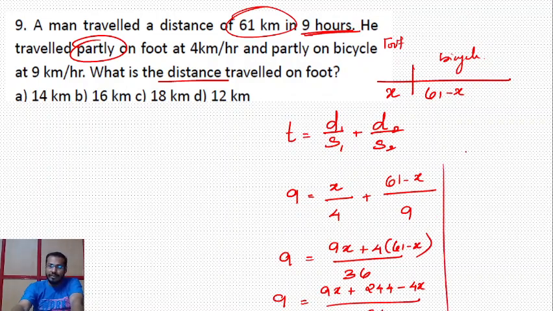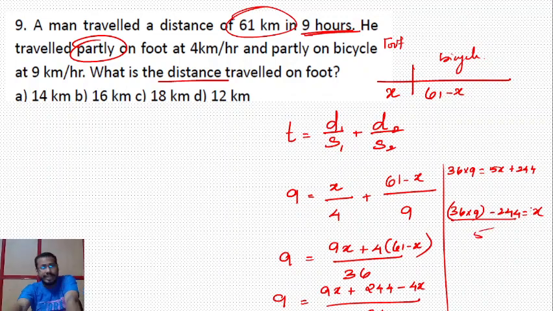So it will be 36 into 9 is equal to 9 minus 4, which is 5x, plus 244. Correct? So 36 into 9 minus 244 is equal to 5x, or I can divide this by 5 to get x.